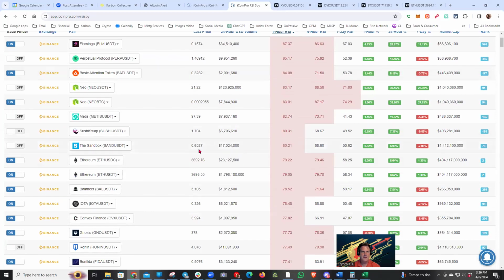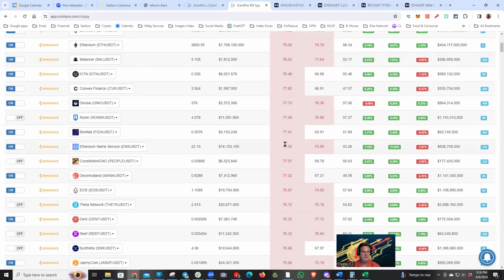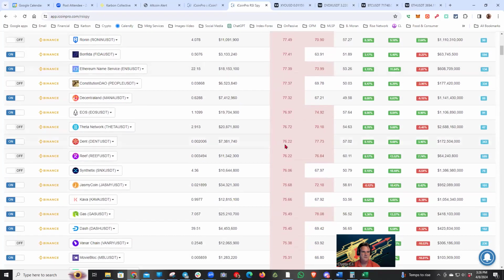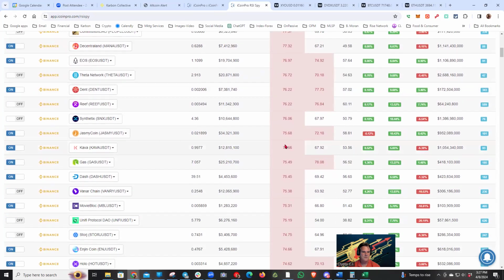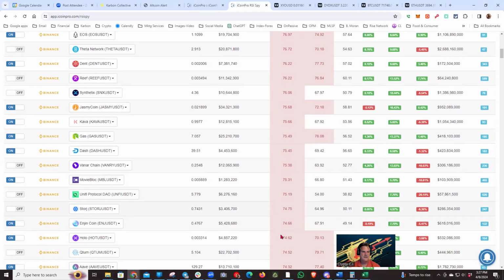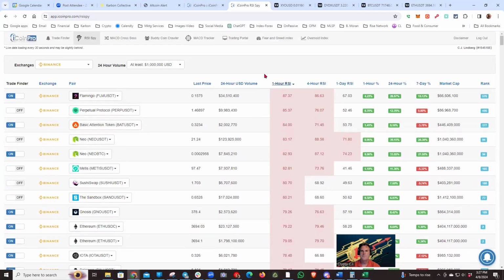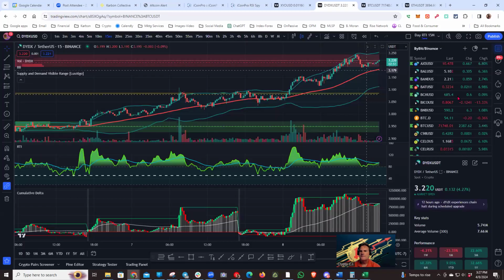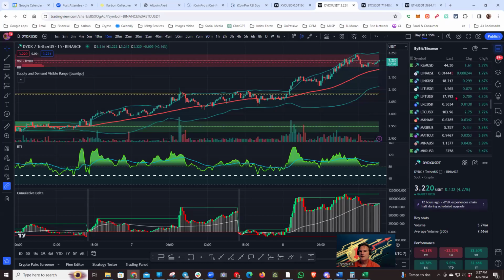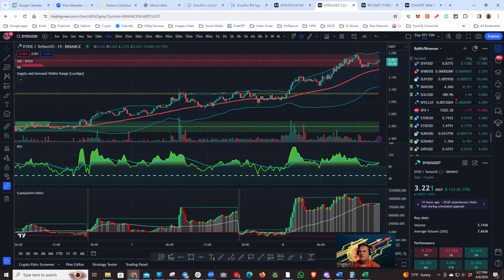And I've got something like that going on Sand, and I don't recall the other one. Storage is another one I like to trade. It has some of that candle action I was talking about. Let's look at that one. So Storage is on my list.